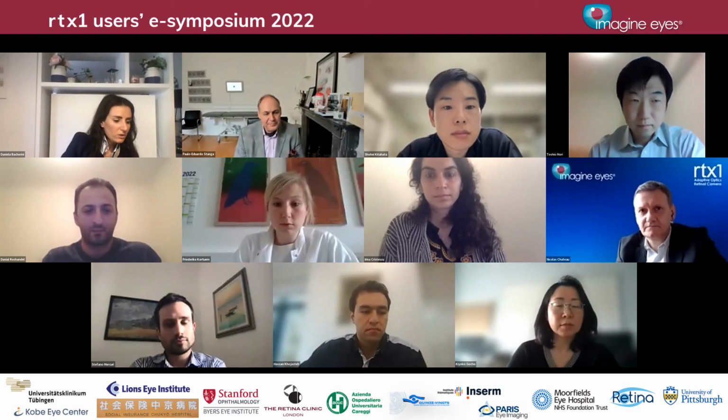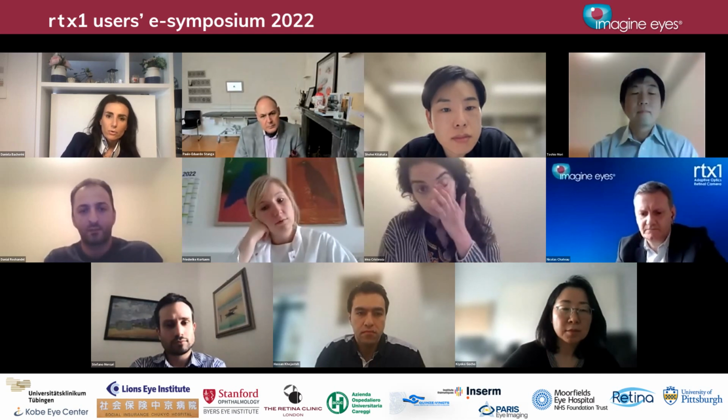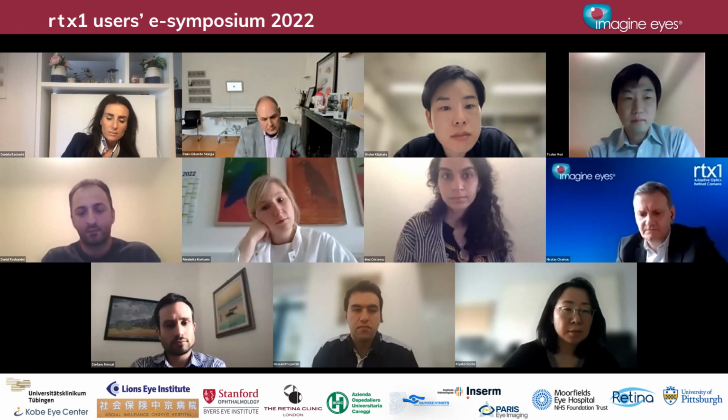So, yeah. Can I ask a question to Shohei? We saw during your very interesting presentation that the density of cones is lower in a group of patients affected by macular edema.